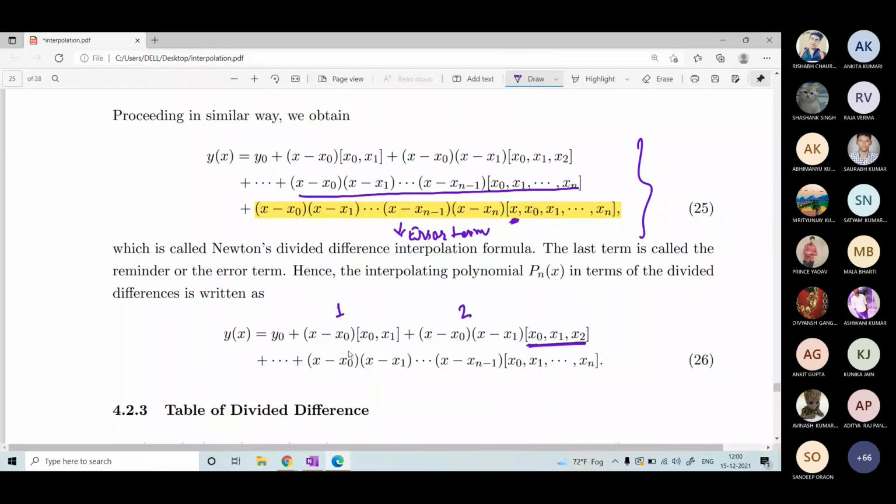And what is the degree of the last term? कितने प्रोडक्ट हैं? x minus x naught, x minus x1 up to x minus xn minus 1. 0 to n minus 1, how many? n. n products are there. So the last term is of degree n. तो पहले टर्म में डिग्री 0 था, दूसरे टर्म की डिग्री 1 है, तीसरे टर्म की डिग्री 2 है, और लास्ट टर्म की डिग्री n है. सब को ऐड करेंगे तो this will become an n degree polynomial.